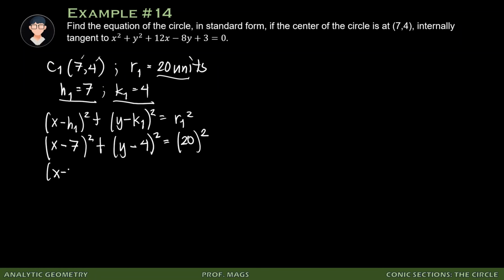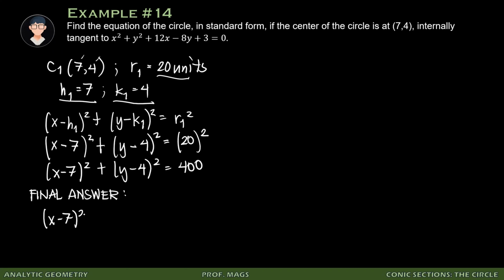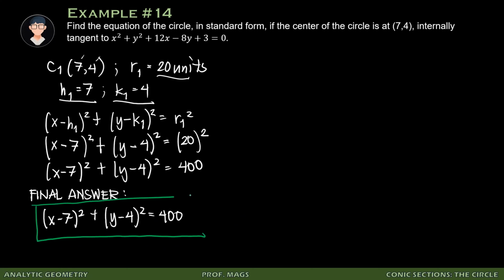So simplify lang natin. What is 20 squared? 400. So our final answer for this problem is x minus 7 square plus y minus 4 square is equal to 400. So this will be our final answer.